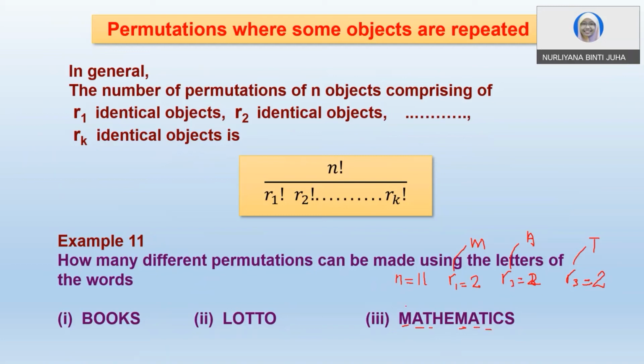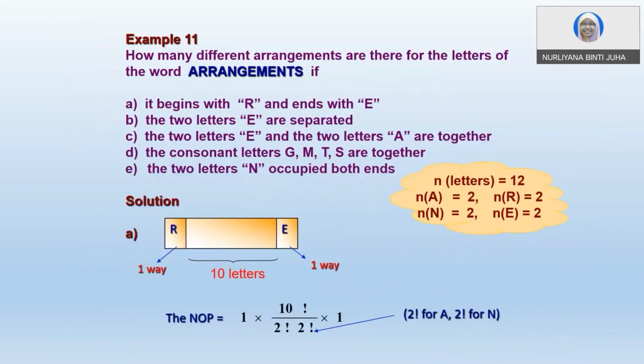So you have all these things, then you can use the formula just now. 11 factorial over 2 factorial multiply with 2 factorial multiply with again another 2 factorial. So you will get the answer. That one is for mathematics.